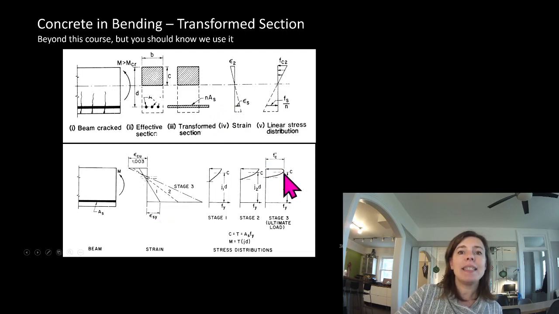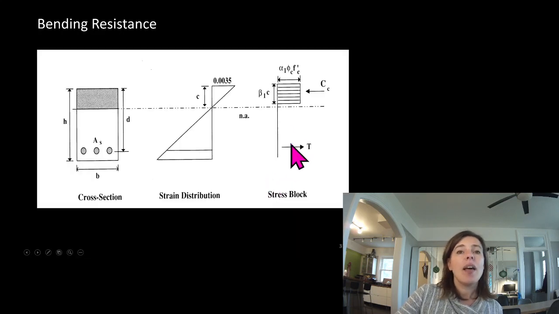And this is an idealized curve of what the concrete looks like to figure out where the center of that is. And so what we really have is a stress-strain distribution that looks like this. And we have our stress block at the bottom in tension is represented as an arrow. And our stress block for the concrete up here is represented as a block.